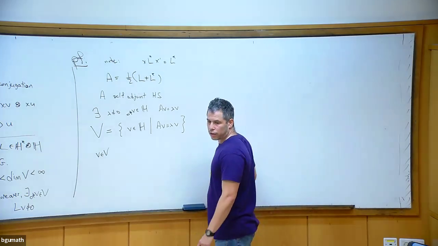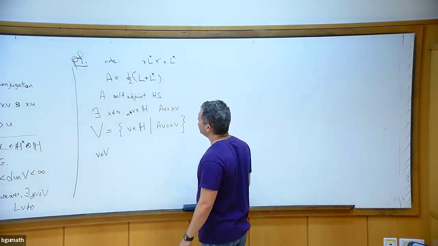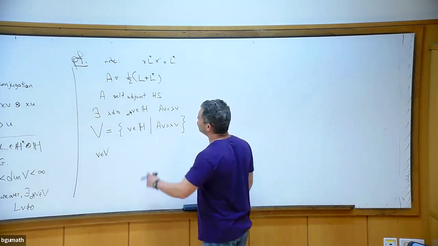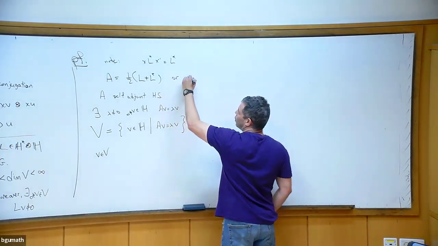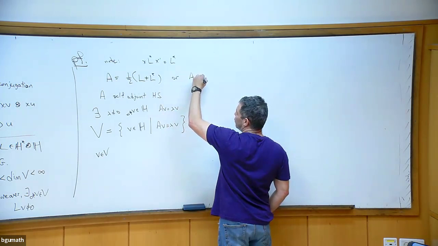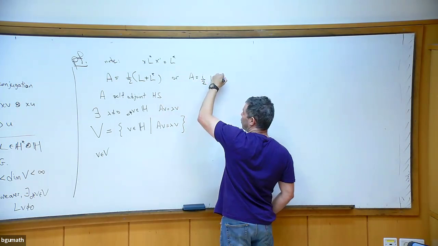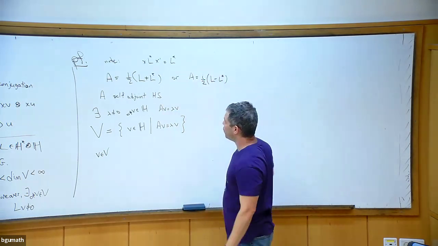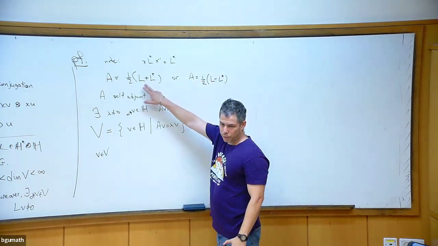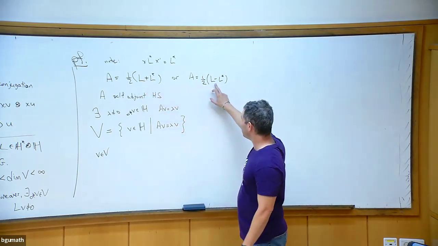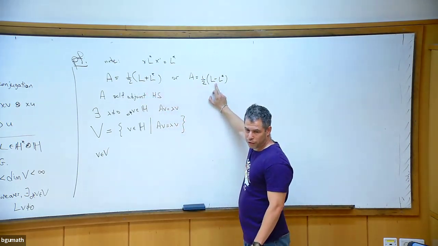Okay, you're right. I have to be careful. This is a mistake. So I can take A to be this, or A to be i over 2 times (L minus L star), right? So if L is minus L star, this one will be 0, but then this one will not be 0, and this should be self-adjoint. Right?